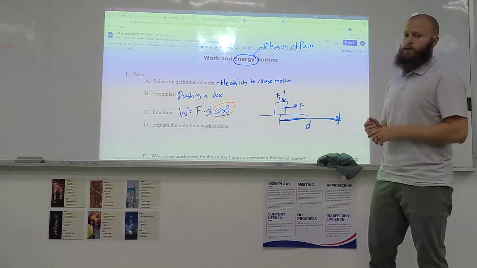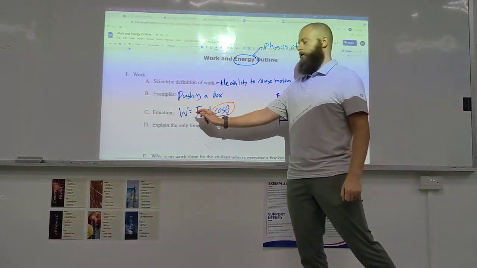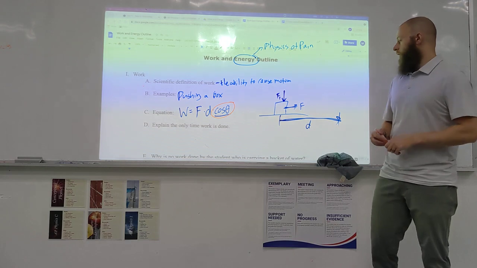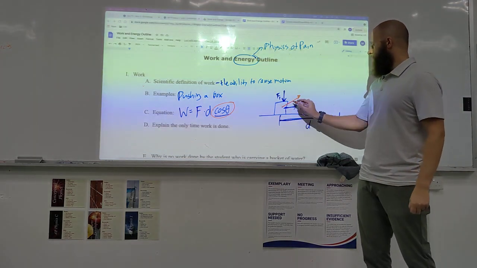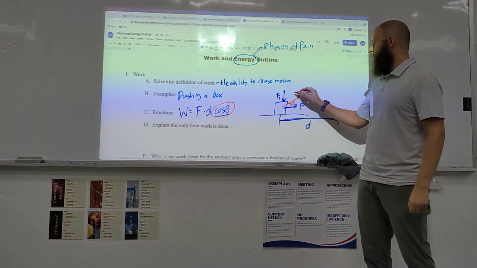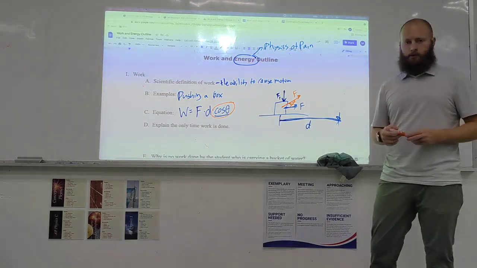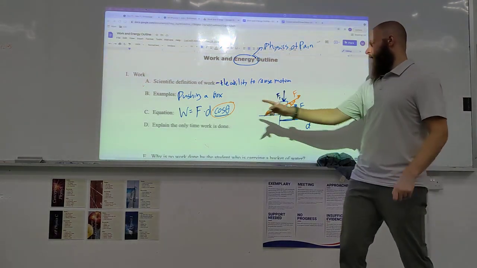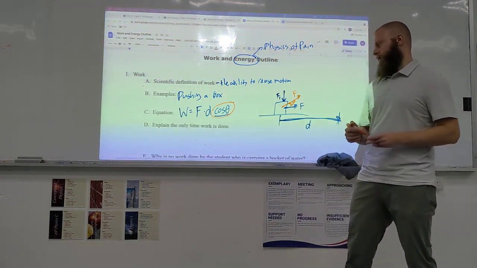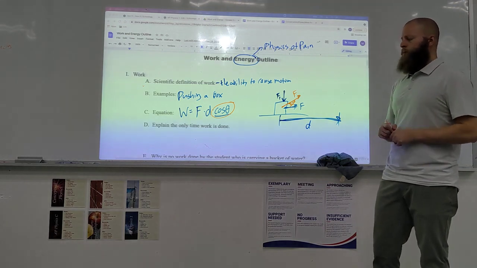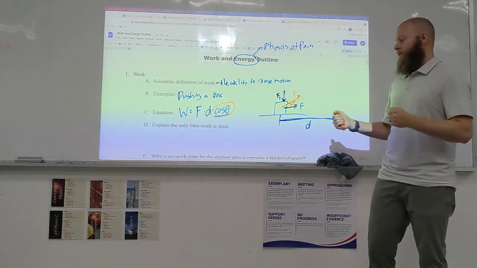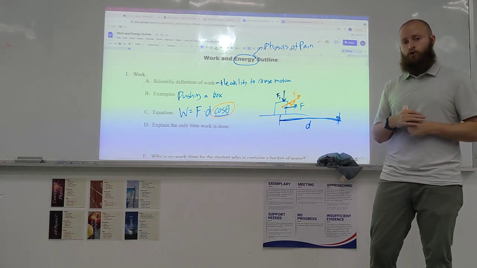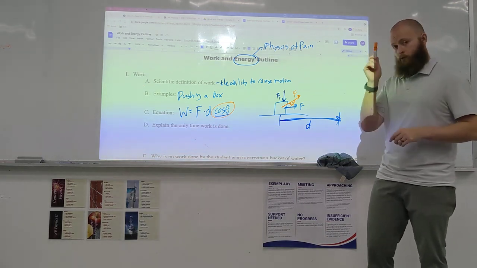If they're in opposite directions, it's just a negative sign here. Now, if I have something like this, let's say 30 degrees, well, now I need to actually worry about it. Then I would just do F times D times cosine 30. Remember, your force needs to actually be contributing to the motion. That's a really important thing.